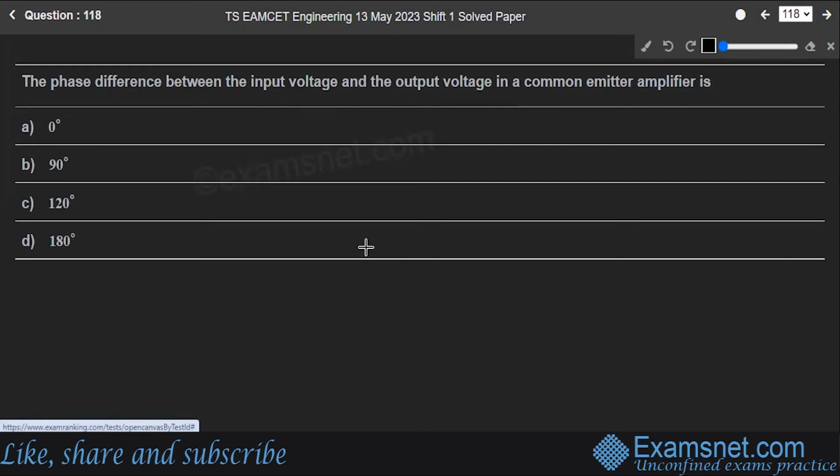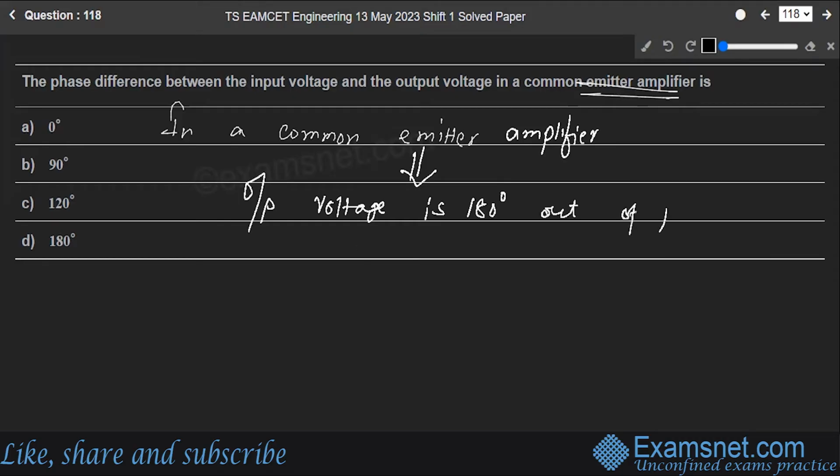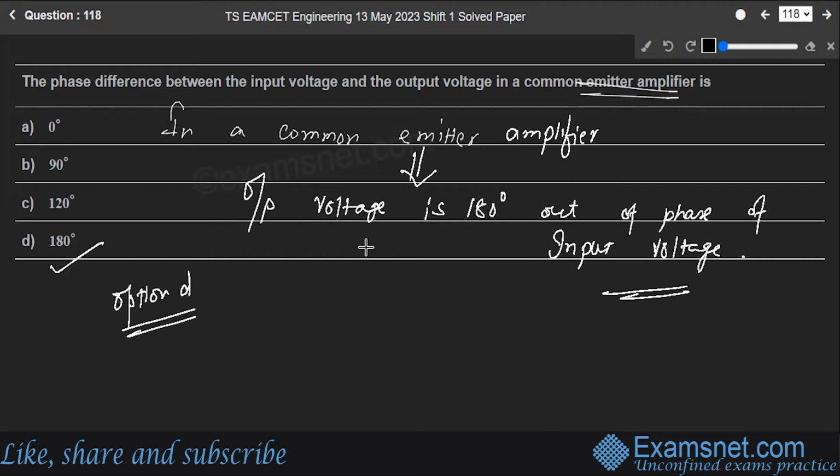See, in a common emitter amplifier, the output voltage is 180 degrees out of phase with the input voltage. That makes D the right answer.